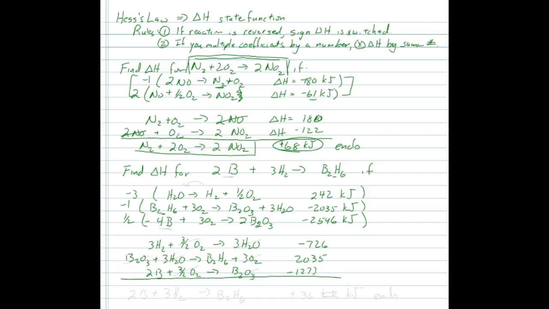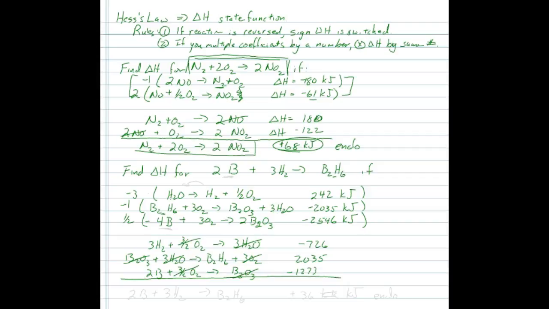Add them up, see if it works. 3 waters and 3 waters cancel. B2O3, B2O3 cancels. And 3 halves O2, sorry, 3 halves oxygens, 3 halves oxygens. 3 on one side, 3 on the other.